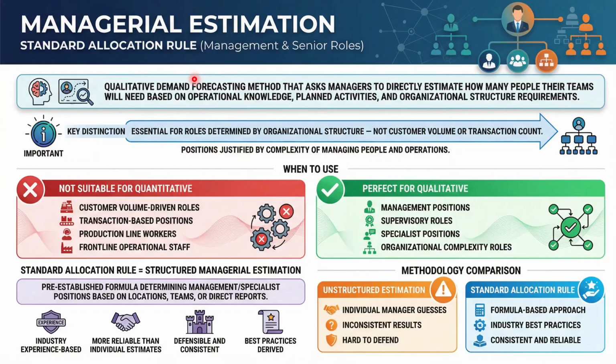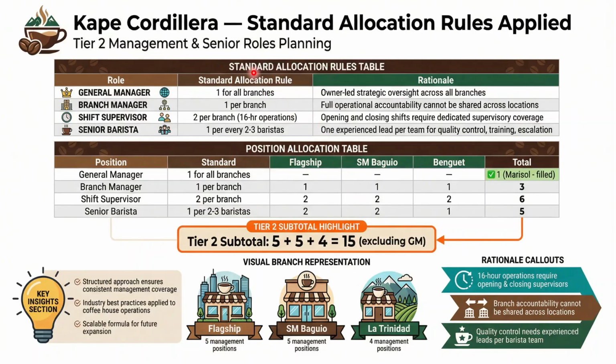So, yan yung managerial estimation. Okay, nag-exist yung role na yan. Ginagamit ito sa mga role based on org structure. Okay. For example, sa Cafe Cordillera, ganyan. Siyempre, sa tatlong branches, tig-isang branch manager.